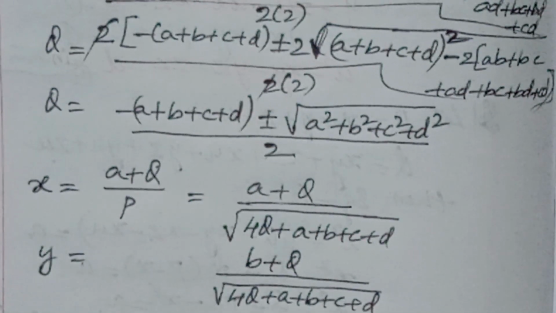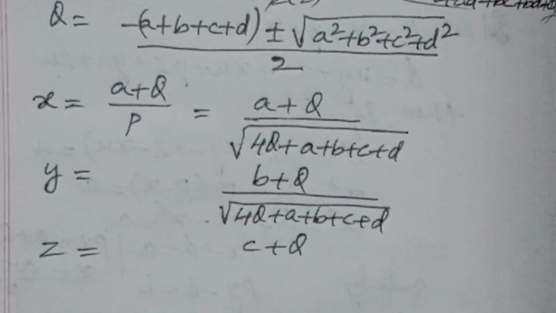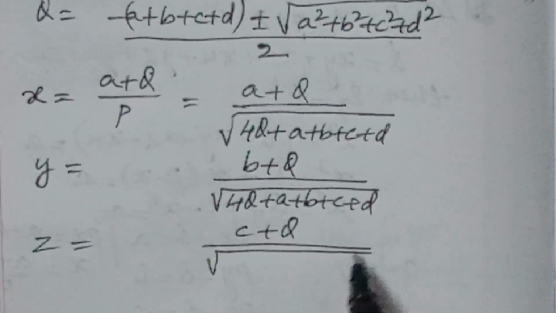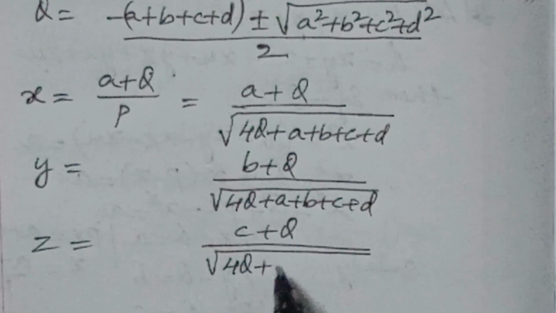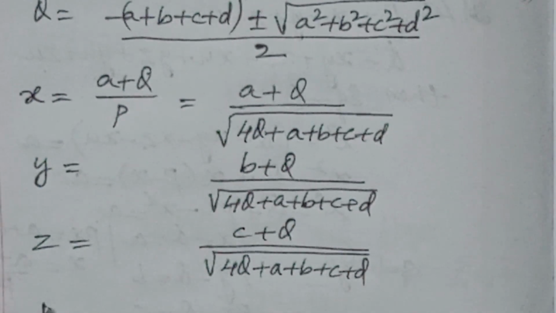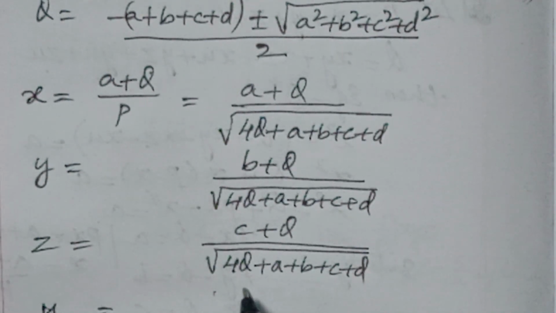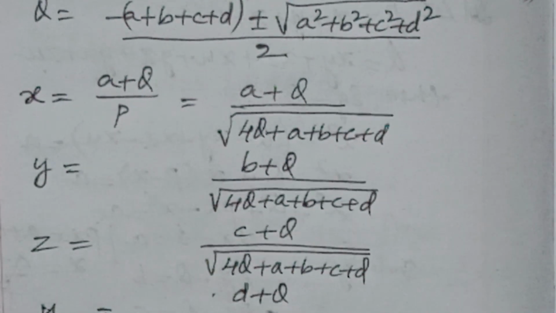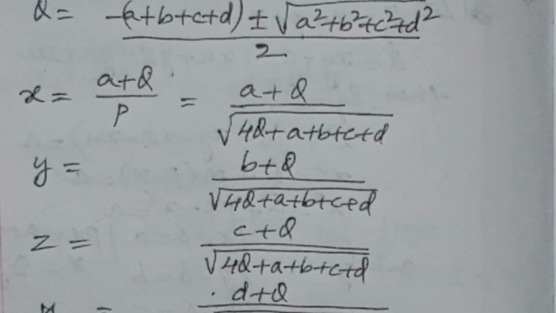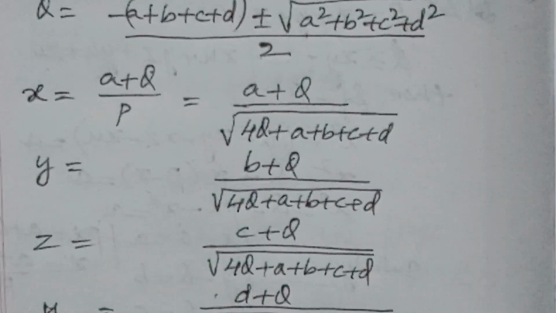Similarly y is (b plus q) by the root of (4q plus a plus b plus c plus d), z is (c plus q) by the same root, and u is (d plus q) by the root of (4q plus a plus b plus c plus d).